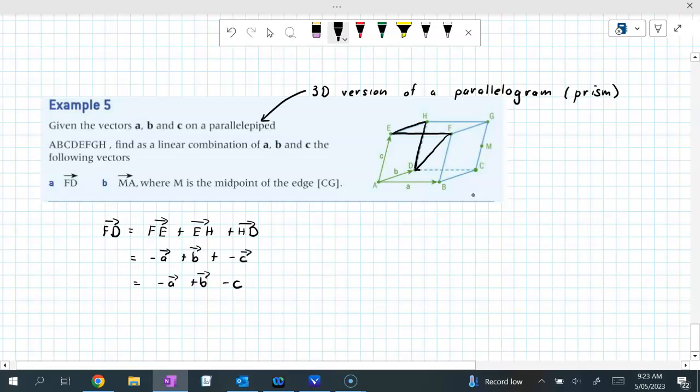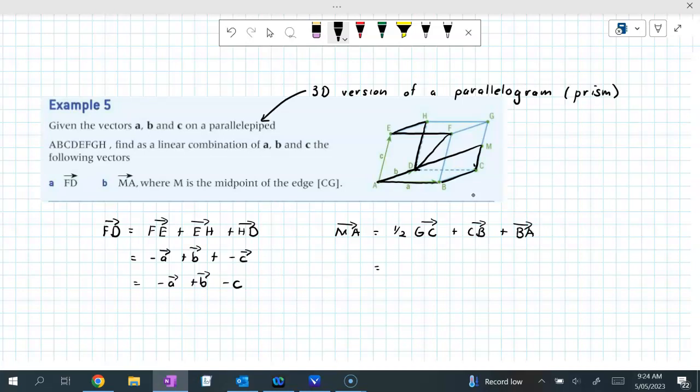Now MA, where M is the midpoint of CG, so M is here and we're going back to A. So I'd come down here, I'd go along here, and along here. So MA, well, it's half of GC plus CB plus BA.